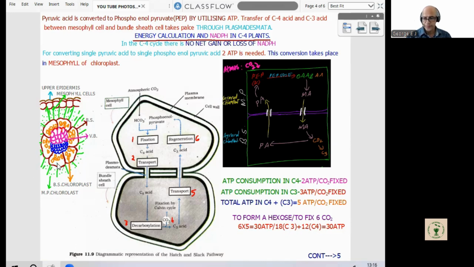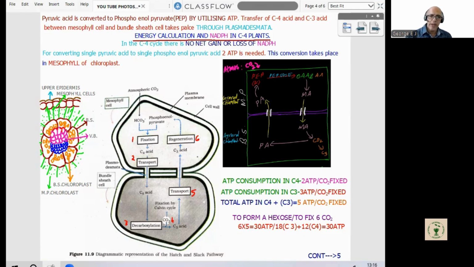Thick walls make it impervious to gaseous exchange, closely packed, no intercellular space. And this special type of anatomy seen in leaves of C4 plants is called Kranz anatomy. Important question: Kranz anatomy, characters of Kranz anatomy, an entrance question also. I think up to that it is clear.